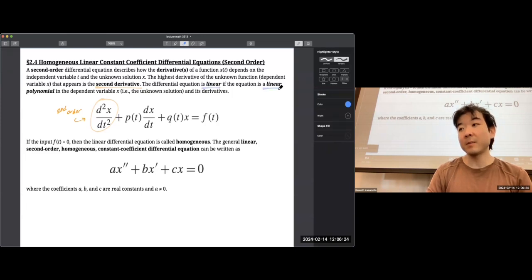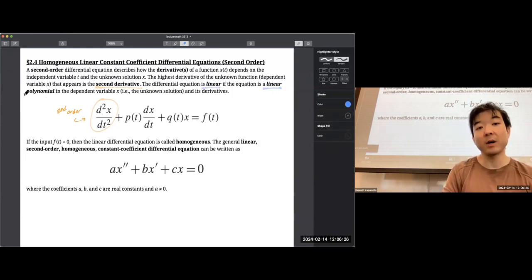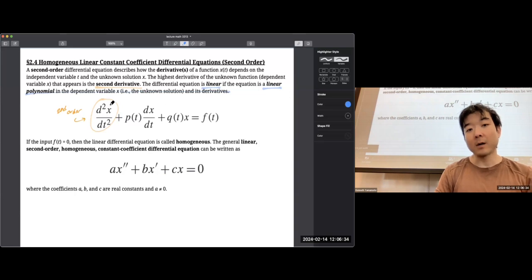Linear means you have a linear polynomial in the dependent variable and its derivatives. That just means all your x's, dx over dt, and d2x over dt squared, all of those appear to a power of 1. That's what it means to be linear.